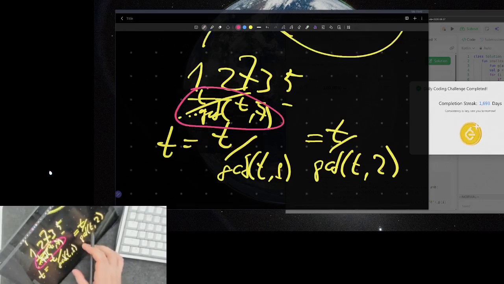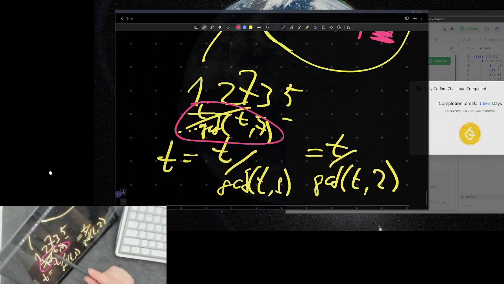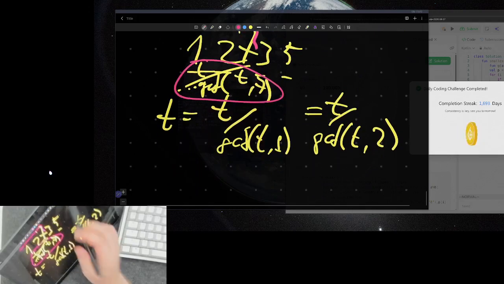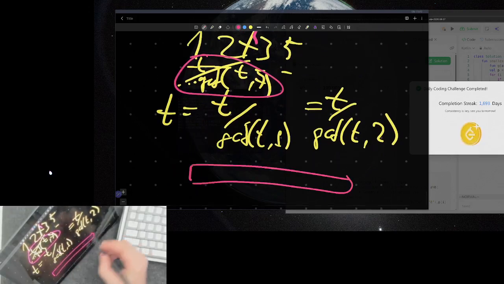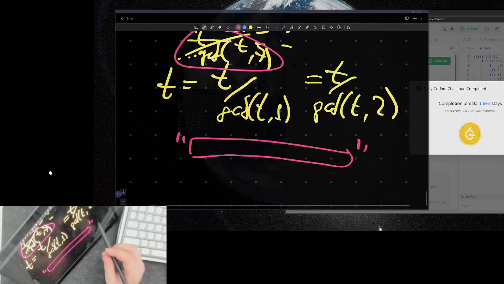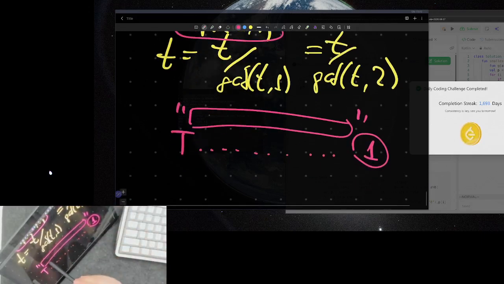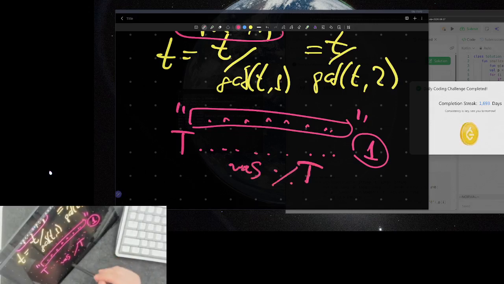And we're saying that the entire prefix is a part removed from the t itself. Basically, if we go through the entire number, and in the end we go from t and have just 1, that means the entire number was divisible by t.